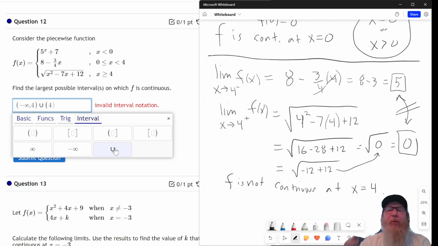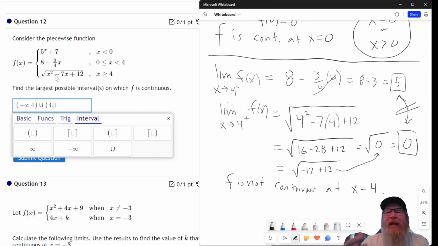So notice the open parentheses at 4. Now here's the trouble. Where do I stop? Do I go all the way to infinity? I do. It's hard to tell, but this is a radical function, a square root function of a polynomial.